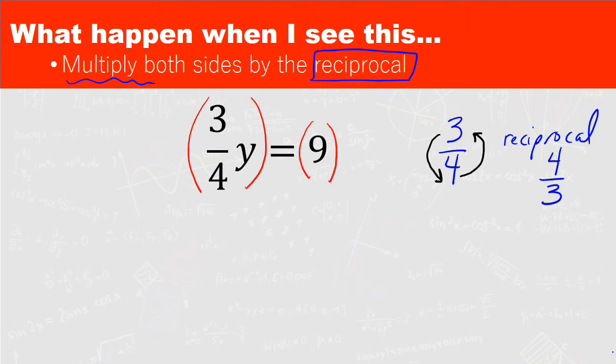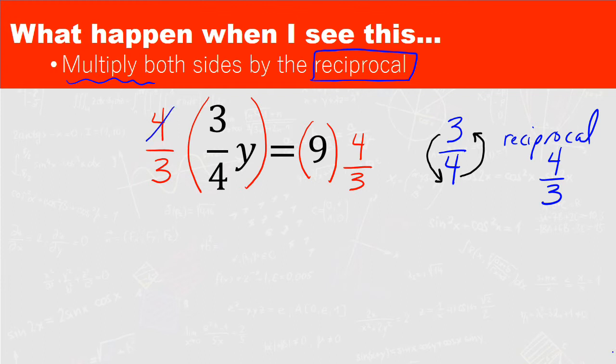So the reciprocal, we said, is 4 over 3. Now we're going to take care of the left side of our equation. We can cross simplify, because we know that the original fraction times the reciprocal is always going to equal 1.